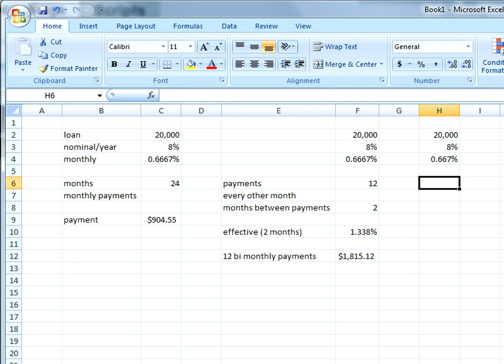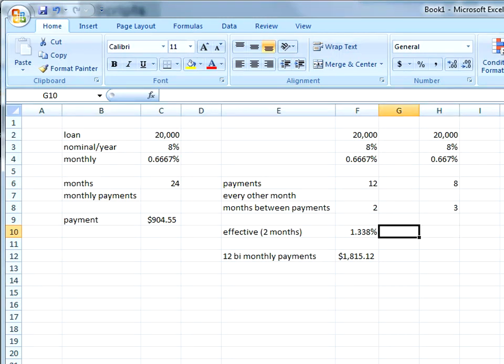Let's say now that we're going to make payments every 3 months. So that means that now we're not going to have 12 payments. We only need 8 payments. So we need to compute the effective interest rate for payments that happen every 3 months.